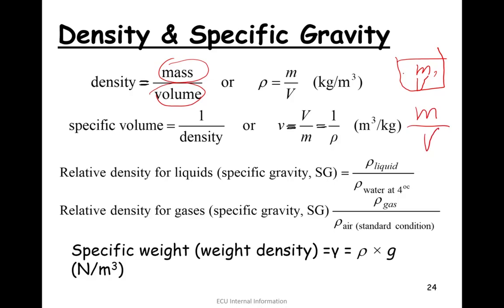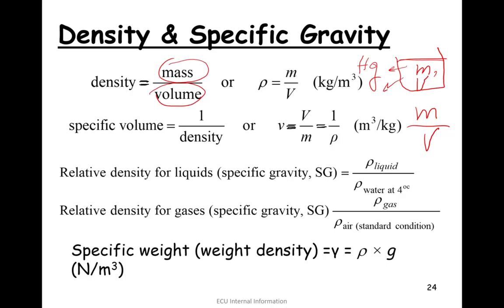If water is in there, then the mass might be different. If mercury, Hg, is there, then the mass could be different, even the volume is different. If we have the same volume for water and the same volume for mercury, obviously the density would be different, because the mass of each one is different.